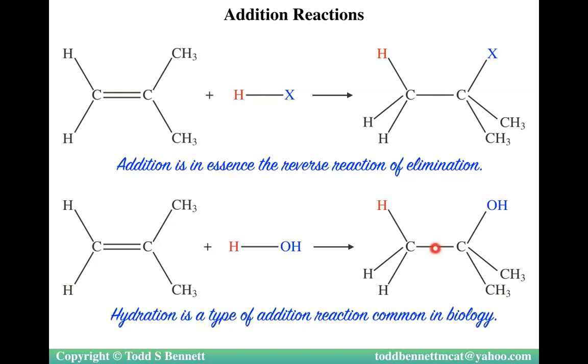Meaning you can go from here to here by way of elimination and addition. And you're going to see a lot of synthetic chemistry is based on that concept. If you can't substitute one thing for another, then you go through an intermediate molecule and make it a two-step process instead of one.